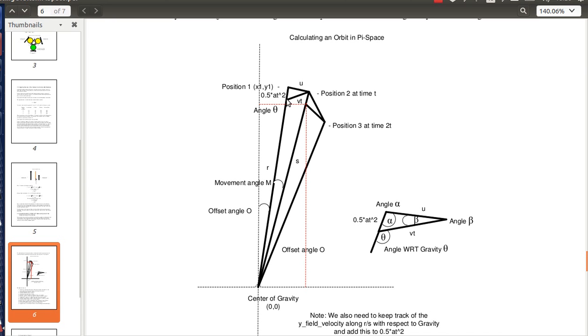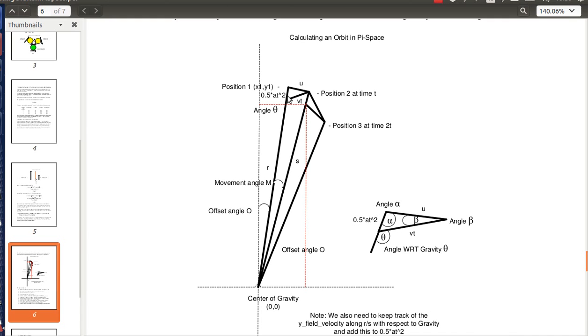And then the object that is moving has a momentum, which is m v t. But for the diagram, we just highlight the velocity component, so the v times t. So it moves by v times t.